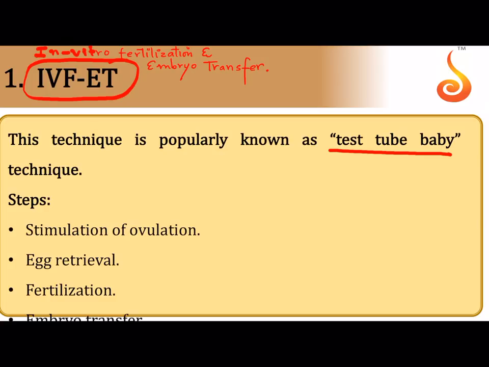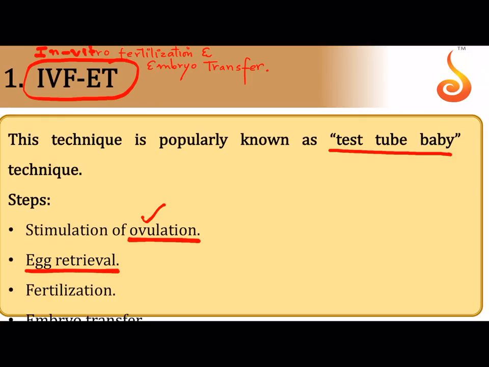In the wife or the mother, there is stimulation of ovulation. They inject certain hormones which have FSH and LH like activity into the body of the mother, and she will now produce more than one egg. Usually she produces multiple eggs. Okay, so now the ovulation has taken place. Then they can retrieve or harvest the eggs.